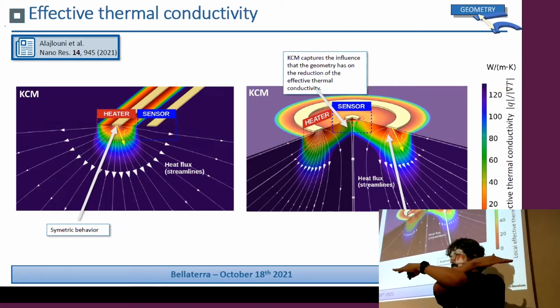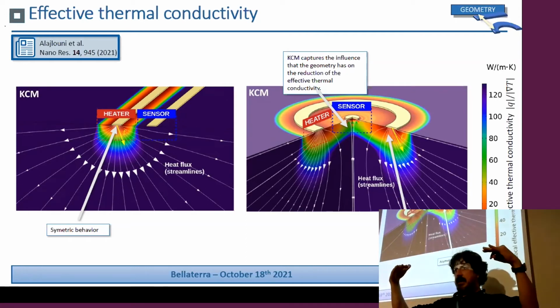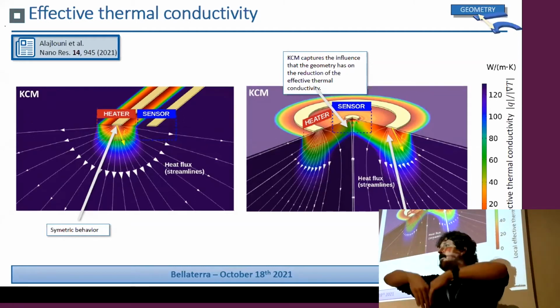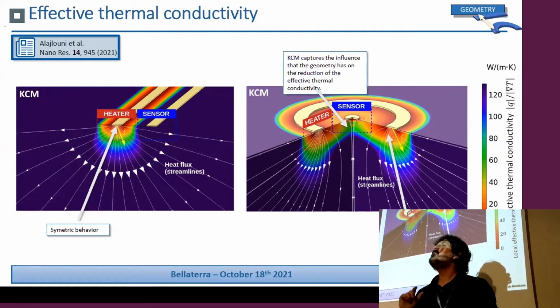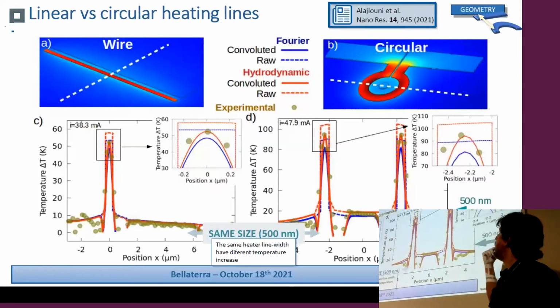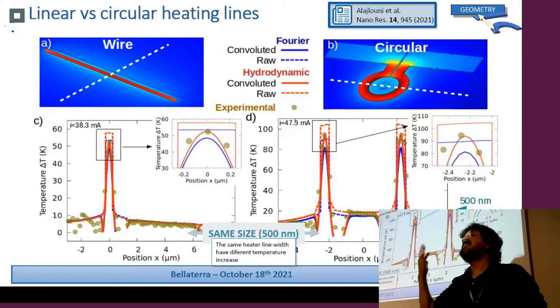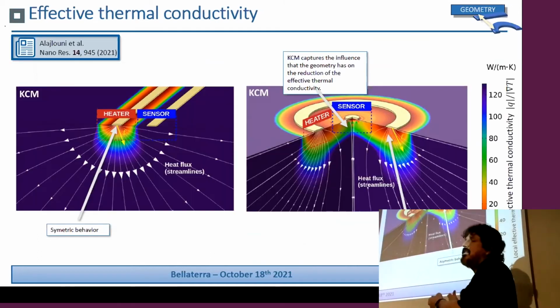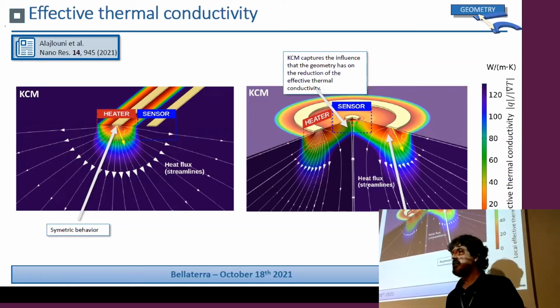So it cannot pass through to the other side. This extra curvature of the heat flux because of the geometry gives you an increase of the thermal resistivity of your sample. And that's the reason why the circular structure gives you a much higher resistivity, or a much lower conductivity, than the linear one. And it's because of the shape, not the size.